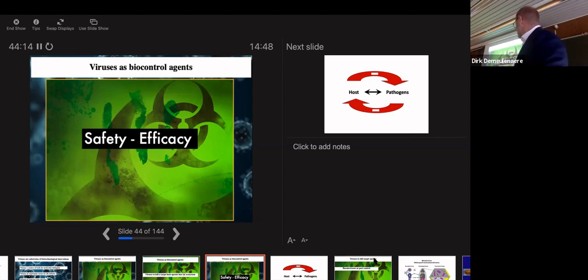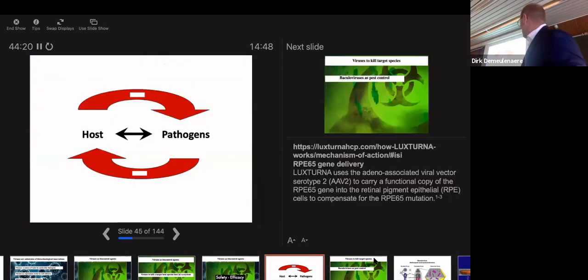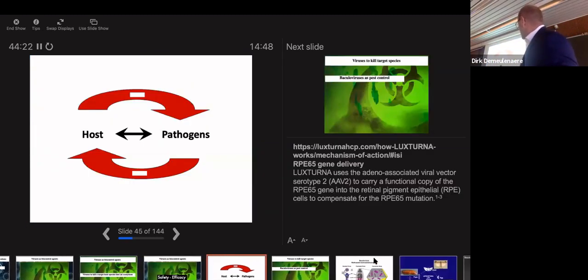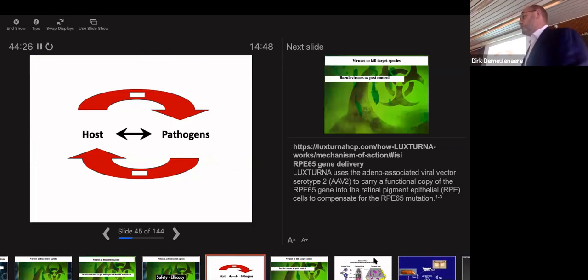Now, it's also an issue about efficacy. You remember that I explained that the viruses will act as a pressure of selection on the host. So if you take a virus, drop it in the ecosystem, and it kills 99% of the rabbits, but does not kill all of them, your virus will have an effect on the host diversity.